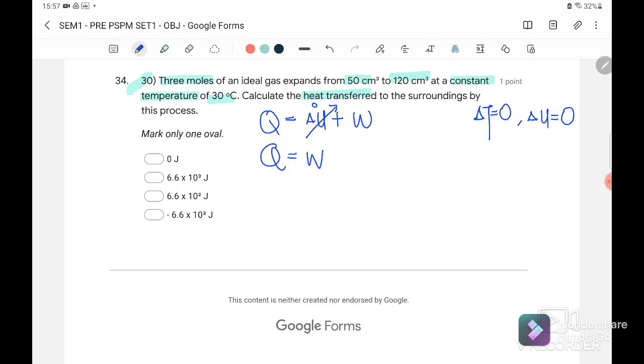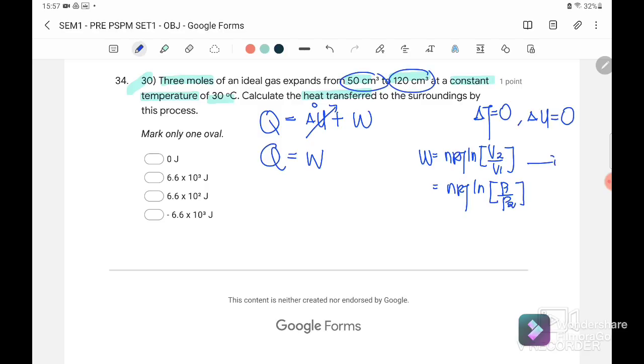Because this is isothermal, with constant temperature, for isothermal work done we have two equations. The first one is nRT ln V2 over V1, or equals nRT ln P1 over P2. Since we have the volume, we use the first equation, nRT ln V2 over V1.